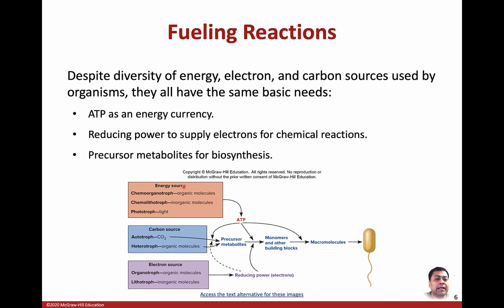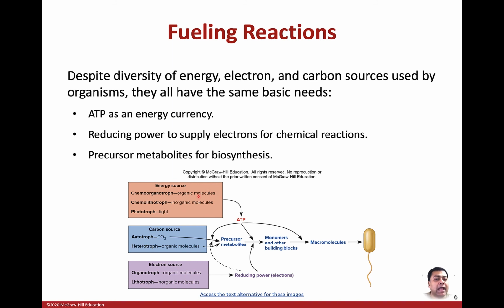If we are looking at the energy source, the chemoorganoheterotrophs, or chemoorganotrophs, use the organic molecules which are already preformed by some autotrophs. Chemolithotrophs use inorganic molecules for their energy source, whereas the phototrophs use light.